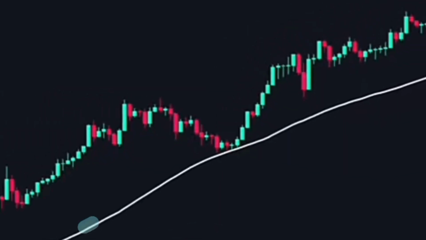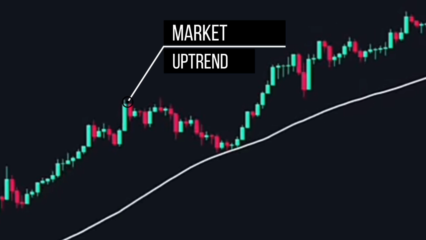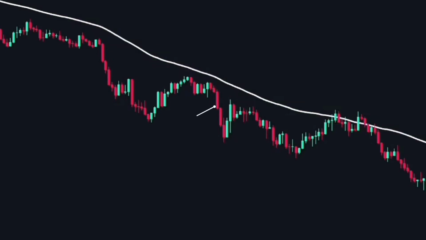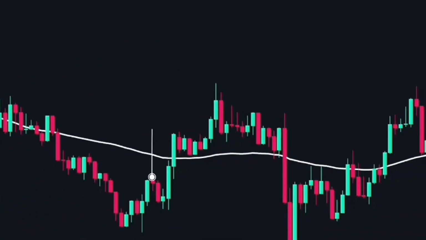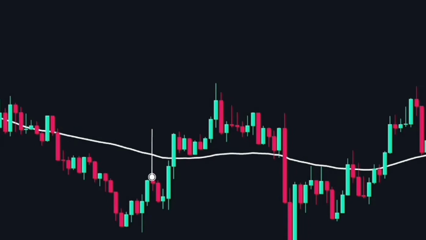If the price is above the moving average and remains there consistently, the market is in an uptrend, signaling potential buying opportunities. If the price is below the moving average and stays there, the market is in a downtrend, signaling potential selling opportunities. If the price frequently crosses above and below the moving average, the market is likely range-bound, meaning it's best to wait for a clear trend.